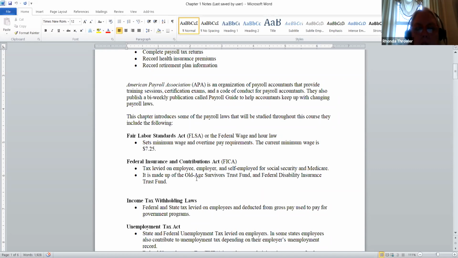A portion of it goes toward Medicare, and a portion of it goes to health insurance and contributions. I will talk to you a lot more about this in an upcoming chapter. Again, in today's lesson, we just want to talk briefly about the different types of laws that are out there. And then in upcoming chapters, we're going to discuss them a whole lot.